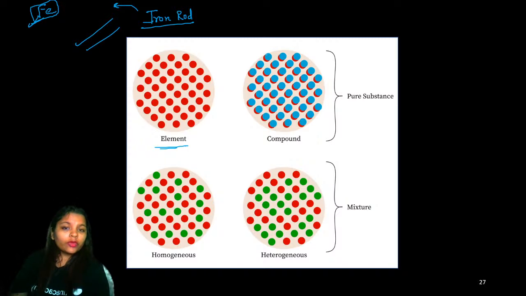But in the compound, you can see blue dots as well as red dots. For each blue dot there is a red dot. The composition is fixed. So if we have a water molecule, then for one oxygen atom we have two hydrogen atoms, but the composition is fixed.